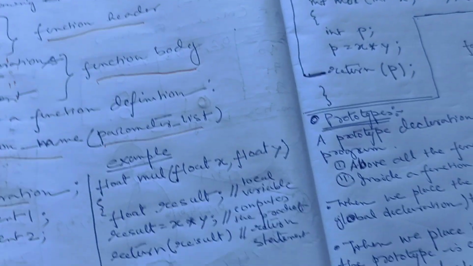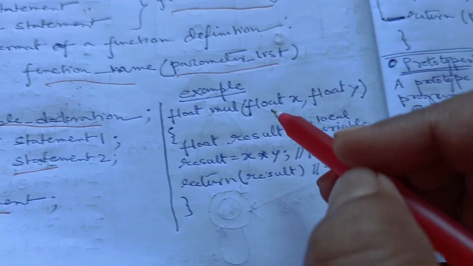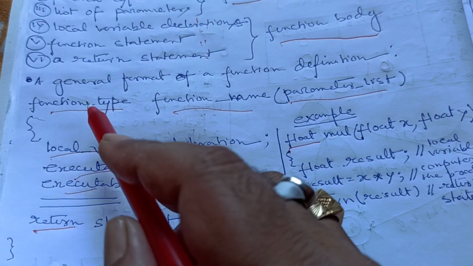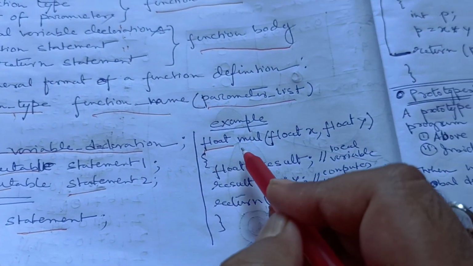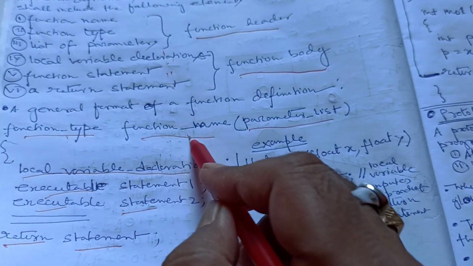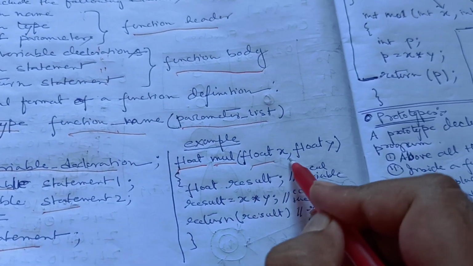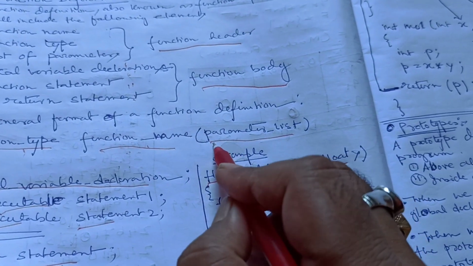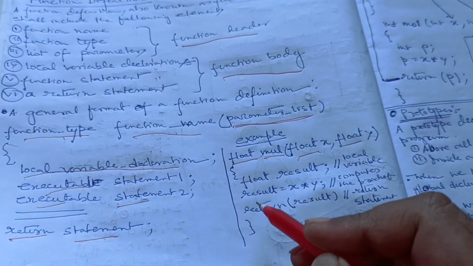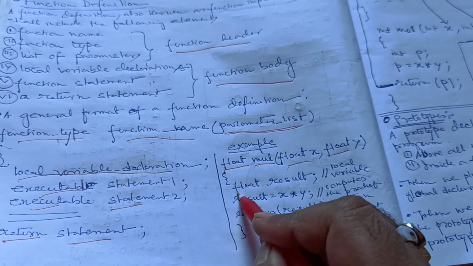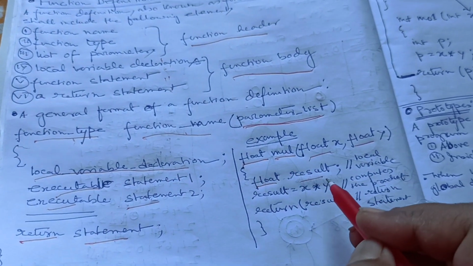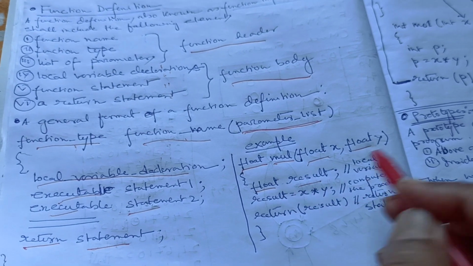You can easily understand from this example that this float is actually the function type. Then mul, this is the function name. This float x, float y, this is actually known as parameter list or argument list. Now inside the body of the function, float result is actually the local variable declaration. Here result is a local variable we have declared.